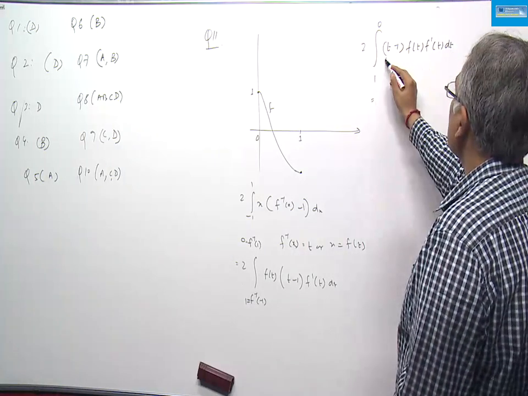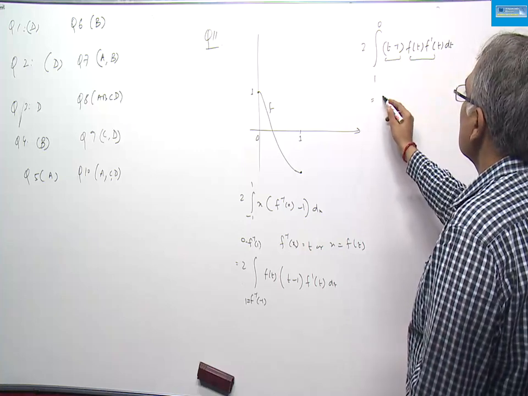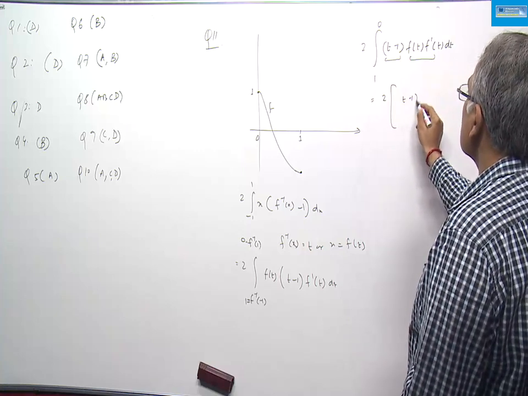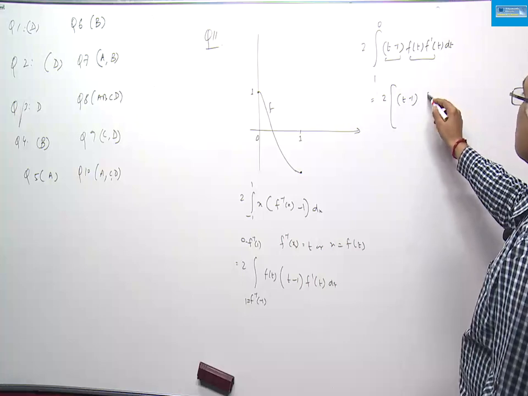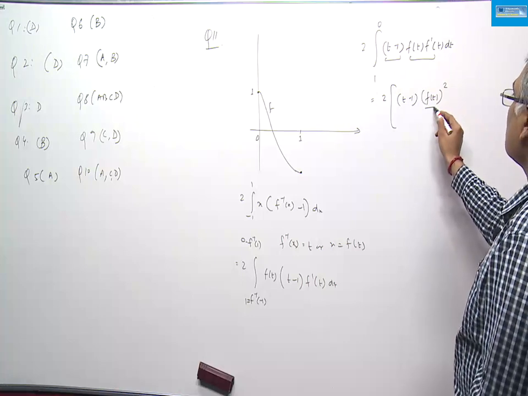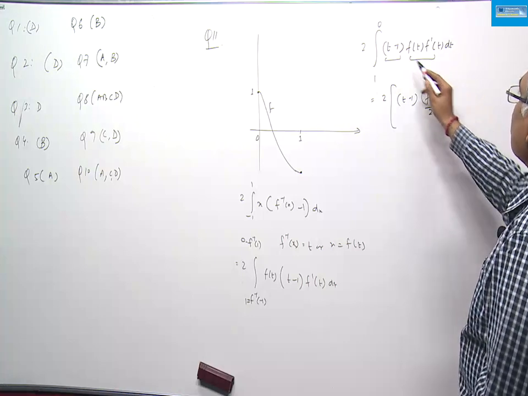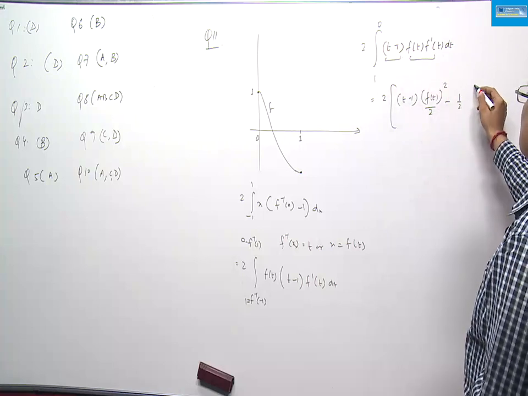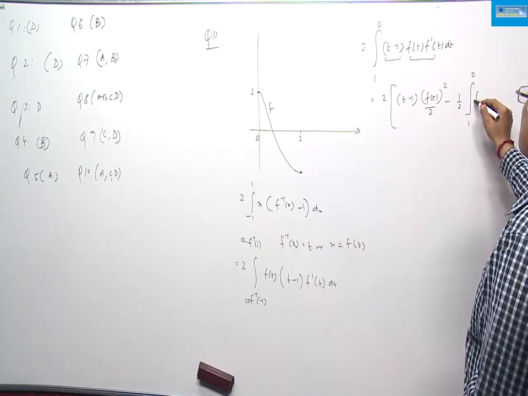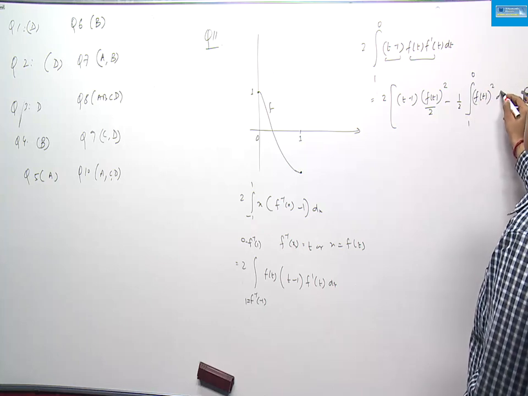That is, taking by parts, first function, second function, twice the integral: (t minus 1) times the integral of f(t) f'(t), which will be f(t) whole square by 2, minus, derivative gone, half the integral from 1 to 0 of f(t) square dt.